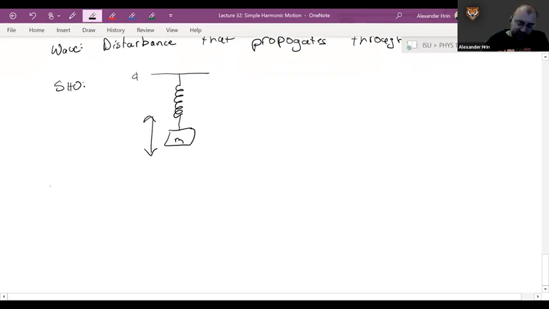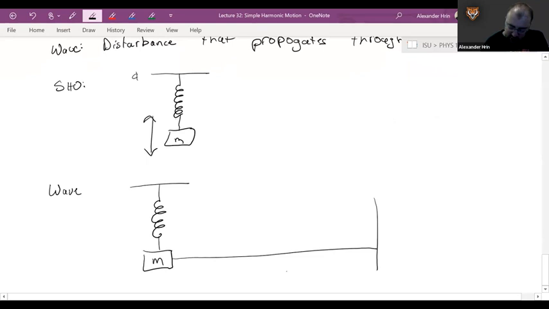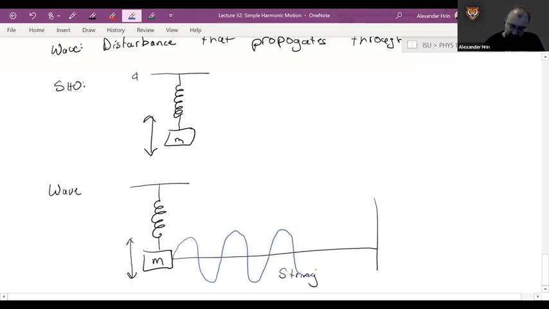Well, the interesting thing is what happens if you take that mass on a spring, and again, you just have it connected there, but this time you connect something like a string. If you make this mass undergo simple harmonic motion, the string is going to rise and fall, but that motion is going to be pushed throughout the string, and you're going to get this wave motion in the string as the mass undergoes simple harmonic motion.